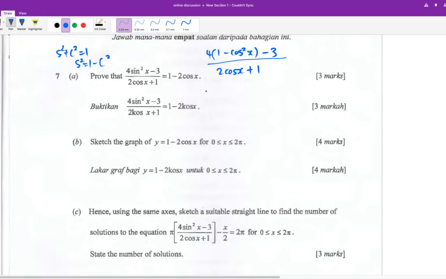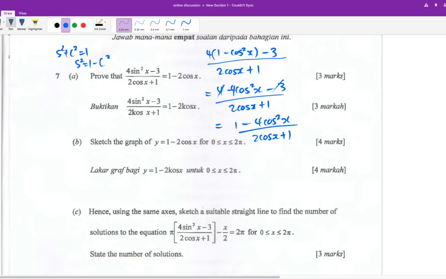Right, and then I will just expand it. So it's 4 minus 4 cos squared x minus 3 over 2 cos x plus 1. So 4 minus 3, I will get 1. So which is 1 minus 4 cos squared x over 2 cos x plus 1.